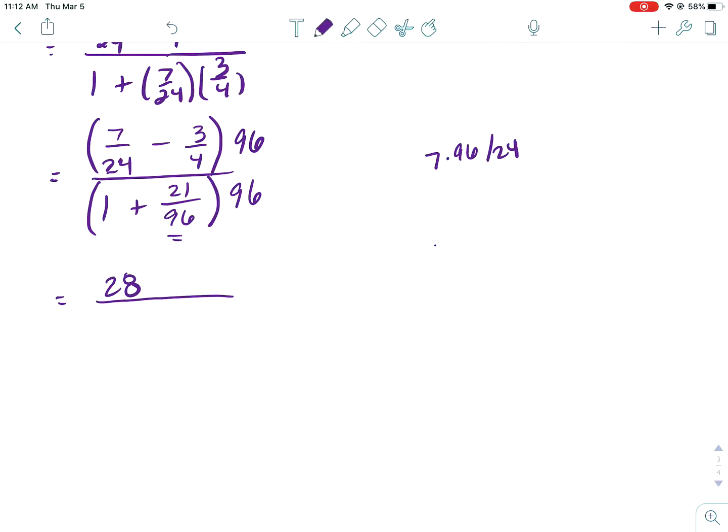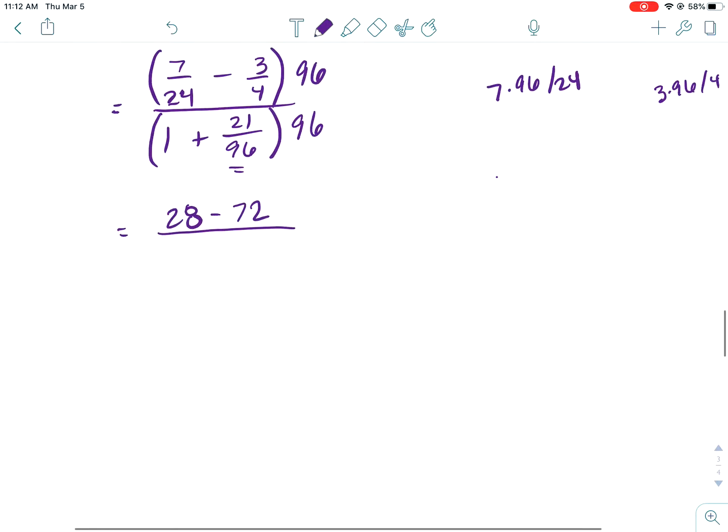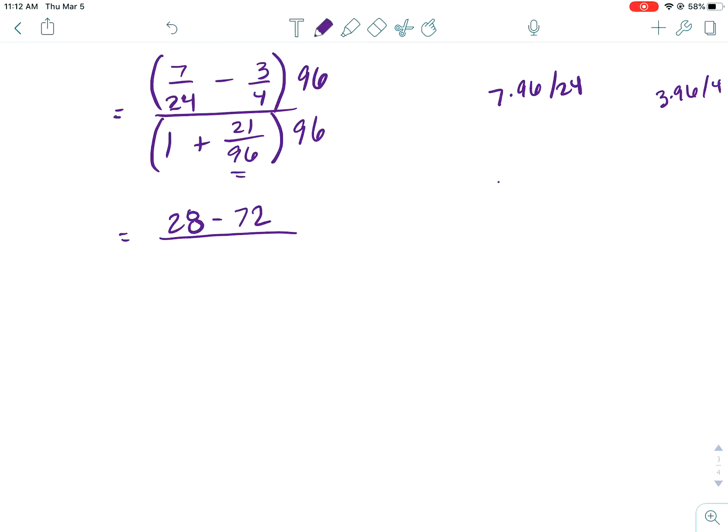All right, for 3/4, a lot of people like to just do 0.75 times 96, that's fine. Or you could do 3 times 96 divided by 4, whatever you want to do. What did y'all get? 72. Good. So that's going to be a lot easier to subtract compared to 7/4 minus 3/4.